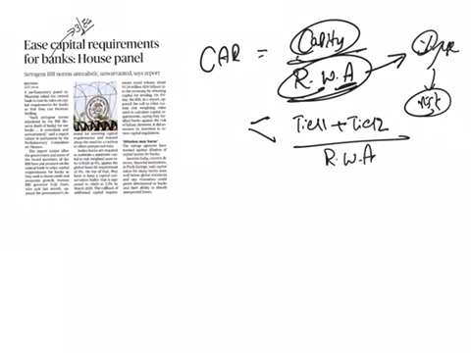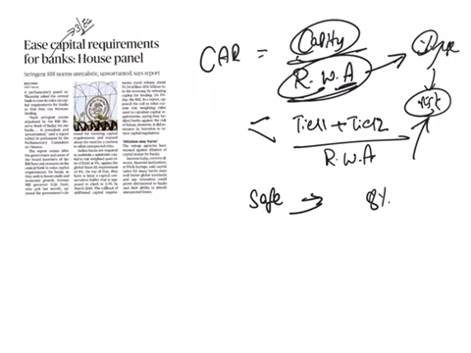Now if we see how it is related to the financial health of a bank, a higher capital adequacy ratio is considered to be safe and likely to meet its financial obligations. Because at present, the Basel III norms have stipulated that the capital to risk weighted assets ratio should be 8%.